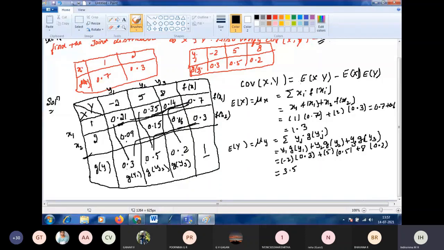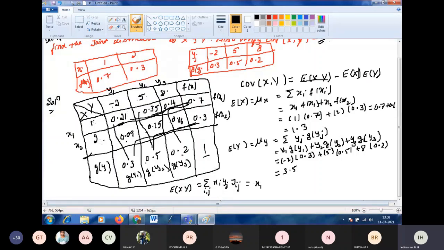Next we have to calculate the expectation of xy. The formula is the summation over i, j of xi yj into the joint probability.